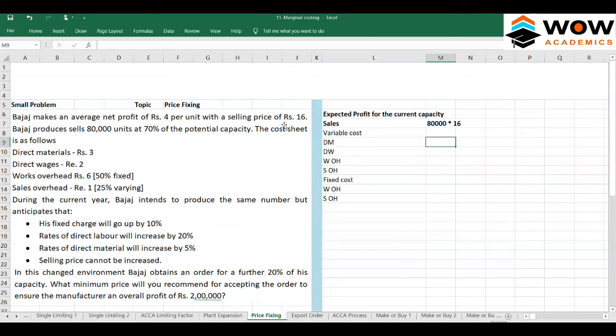Direct material is 3, wages is 2, works overhead is 60% fixed and 60% variable, so we can put it as 6 into 0.5, so it is 3, and sales overhead is 1 into 0.25.